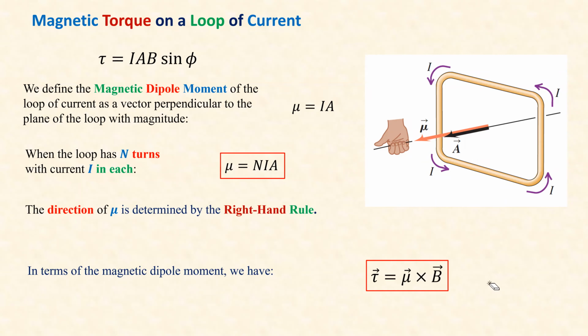That becomes the magnitude of mu cross B, or in vector form, tau becomes mu cross B. So we can write the torque acting on a dipole moment of magnitude mu as mu cross B. Okay, so mu is a vector, B is a vector. We can cross them together and get the torque. And that torque tries to turn the loop in a certain direction.